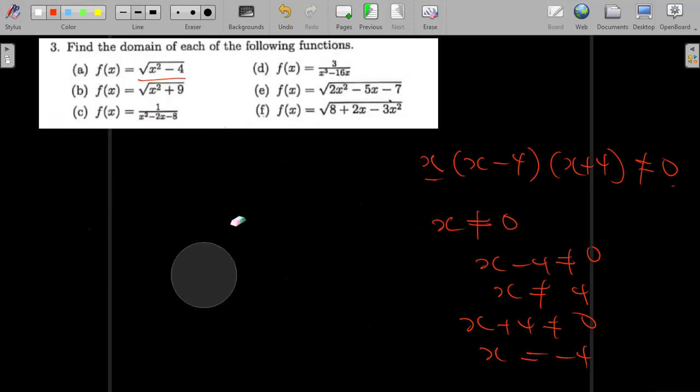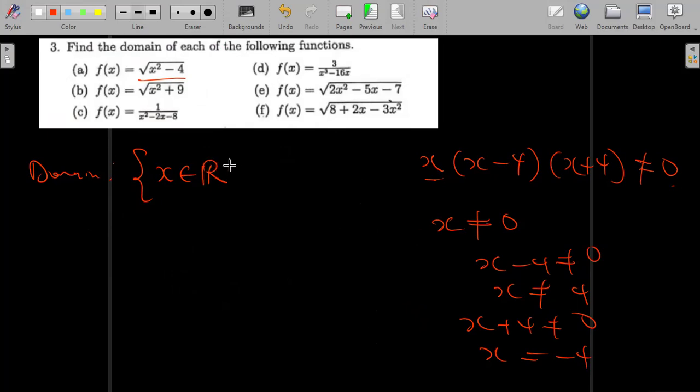Now, if those are your restrictions, how can you write them? You can write it in set-builder notation. Just say your domain is the set of x, such that x is a member of the real numbers, first of all, such that x should not equal 0, 4, and negative 4.